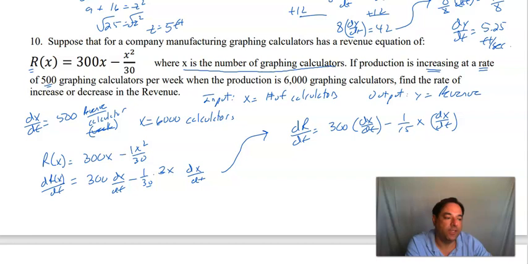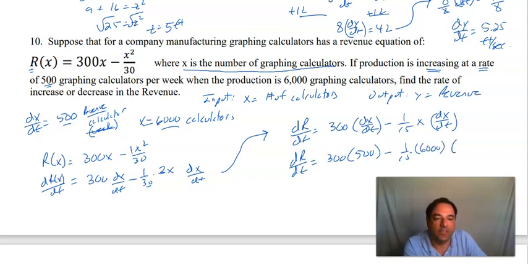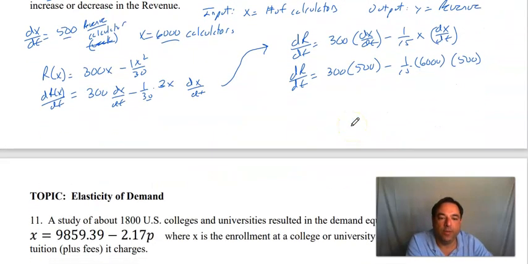So to fill all this in, let's see what we know. So to find the derivative of revenue with respect to time, it's 300 times dx over dt, which is the 500, minus 1 over 15 times x is 6,000, times dx over dt, which is 500. So let's go ahead and put all that in the calculator.